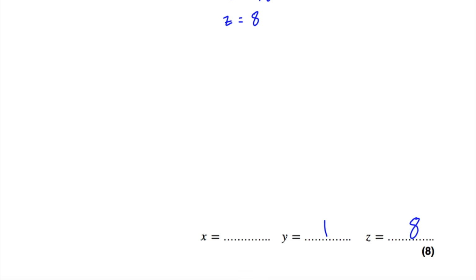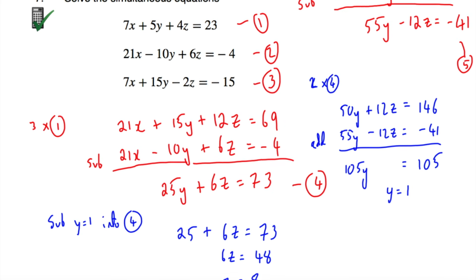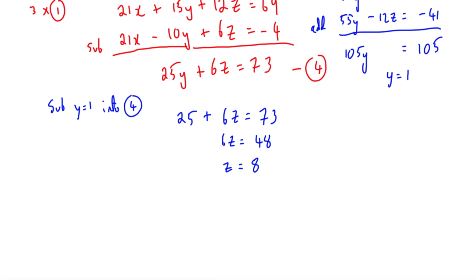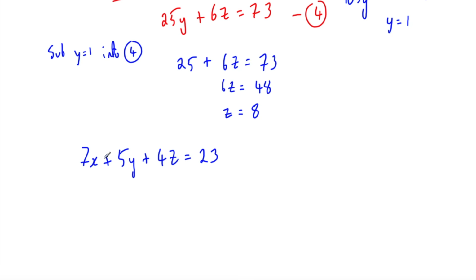Okay, now let's find x. So let's substitute them into equation 1. So equation 1, I'm just going to write it down here. Okay, so there's equation 1, and we're going to substitute in y equals 1 and z equals 8 into equation 1.